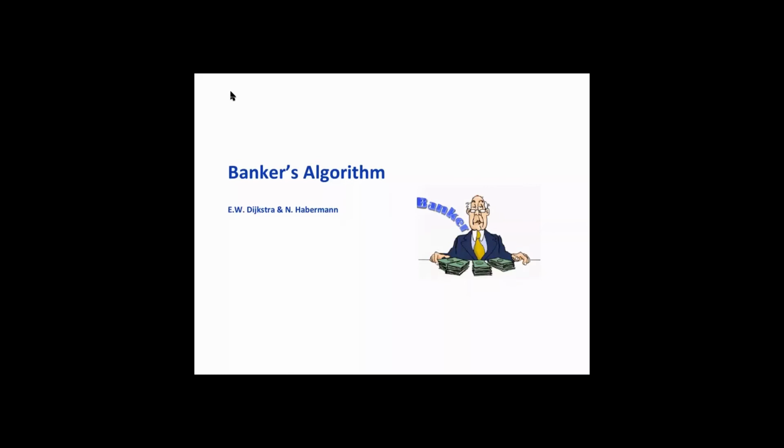Now let's look at this algorithm. Similarly, a banker has a limited amount of money. It will ask different customers to state their maximum need. But it knows that very rarely will somebody ask for the maximum need, though some may.